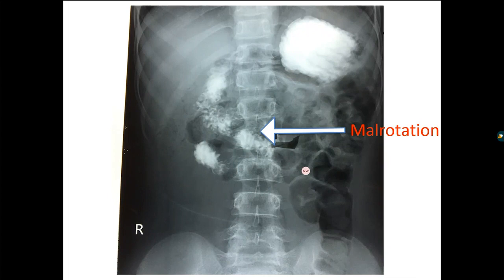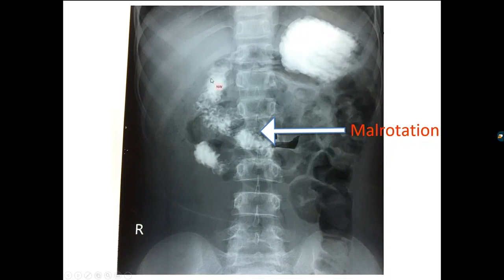If you focus on this contrast study, you can see that the duodenal loop comes in and the duodenojejunal flexure has begun somewhere in the middle of the vertebral column. And you can see that the jejunal loops are positioned on the right side of the abdomen.